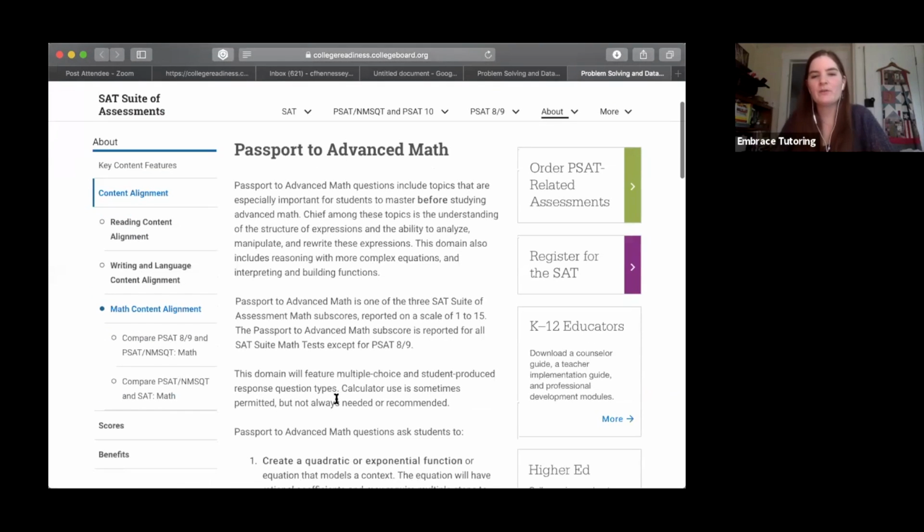So passport to advanced math. This section is really important for you to master before you end up studying even more advanced math concepts. So this is to help segue and introduce you and set you up for success in a higher level math class, college level math in particular.